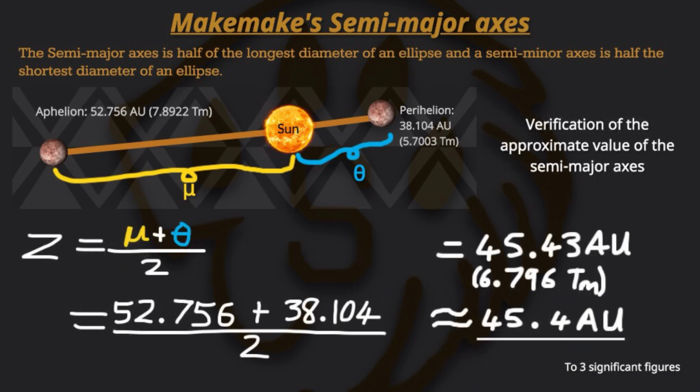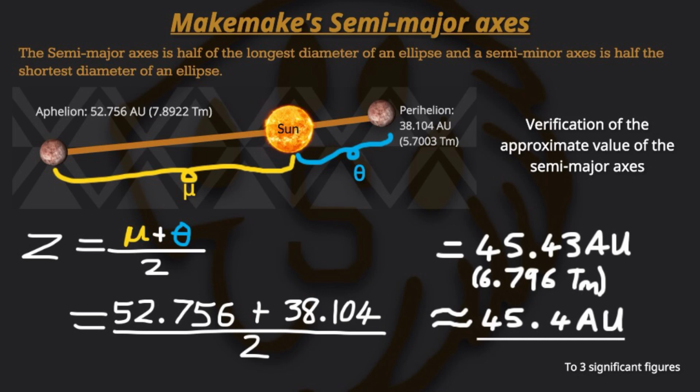Okay, this next step is basically verification of the approximate value of the semi-major axis. So our semi-major axis, according to our definition, is half of the longest diameter of an ellipse, and as we know, mu is the aphelion, which is the longest distance from the sun, and perihelion is the shortest distance, so it's more like an average. But we see that in the calculation, mu plus theta over 2 will be equal to the semi-major axis.